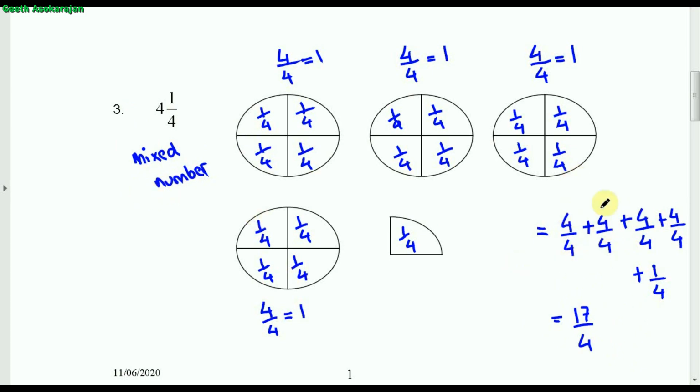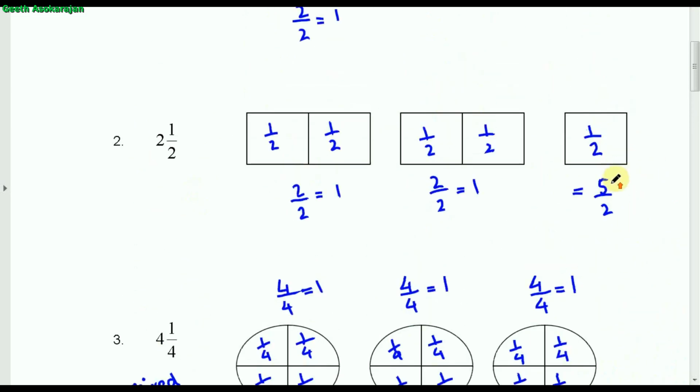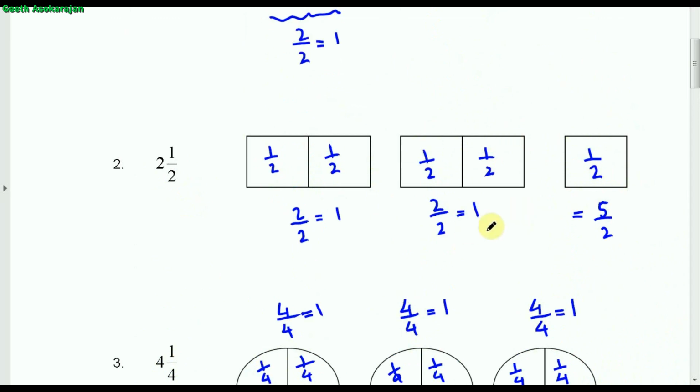So this is the improper fraction, and this is our mixed number. Likewise, you can do the side calculation if you prefer here. To get from the mixed number 2 1/2 to an improper fraction of 5/2, remember the idea: we add 2/2 plus another 2/2 plus this extra half.